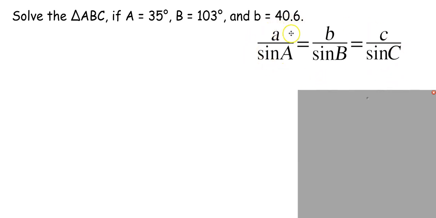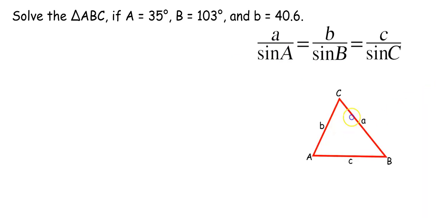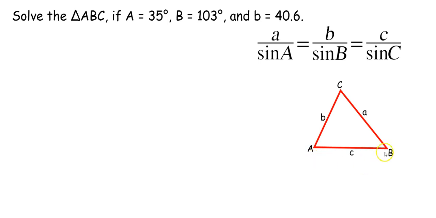So the formula is a over sine A is equal to b over sine B, and that is equal to c over sine C. The triangle is not given to us, so we can draw a rough diagram. So you have triangle ABC. We are not going by the measures, just a triangle, with lowercase a, and opposite to B you have b, and that is c. And let us write down those values.